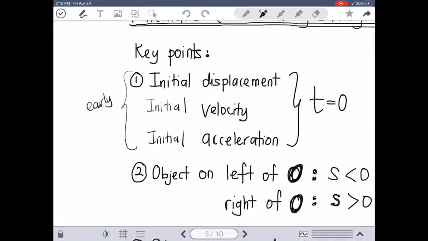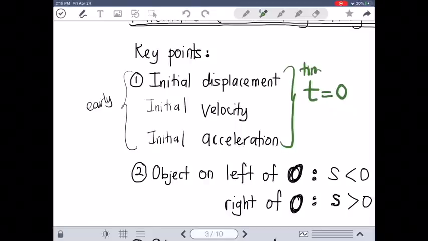If we find the phrase initial displacement, initial velocity, initial acceleration, the first thing that we need to remember for all these three is that the value of t is equal to 0. t is time.